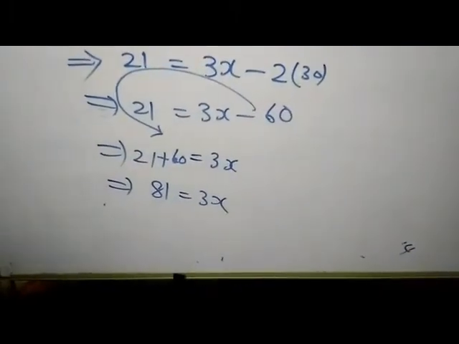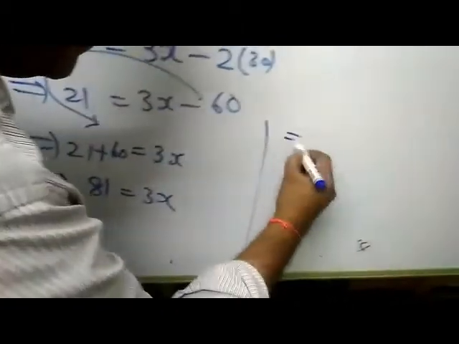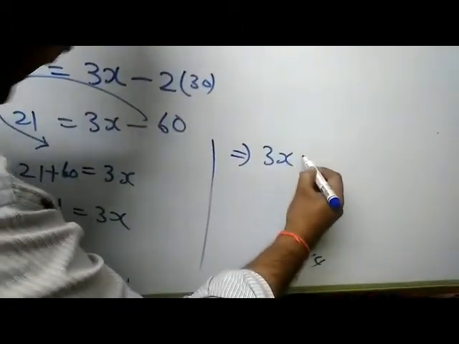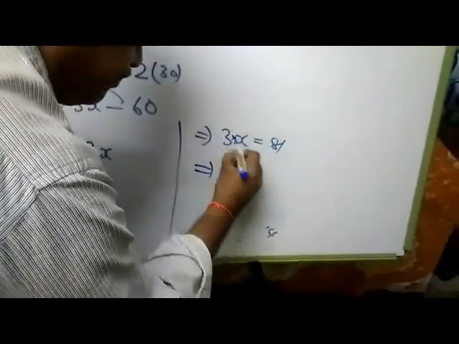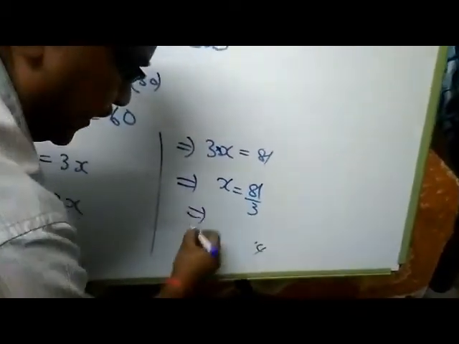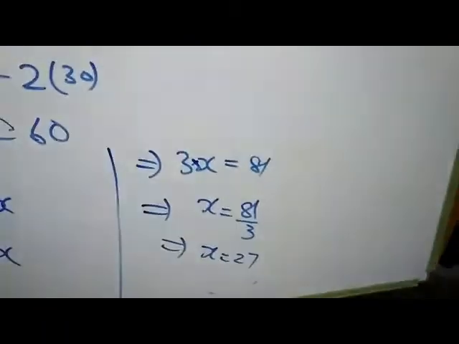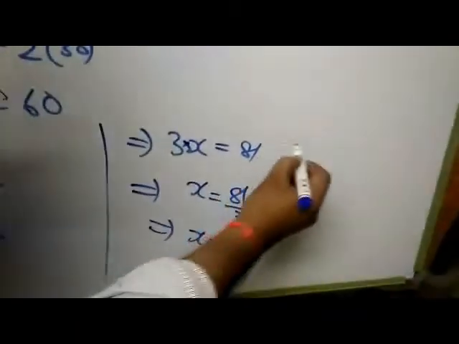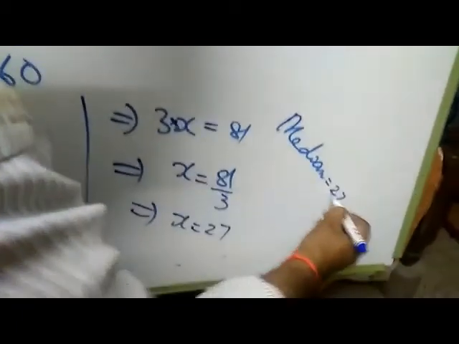So 3x is equal to 81. x is equal to 81 by 3. That is nothing but x is equal to 27. That is nothing but median is equal to 27.